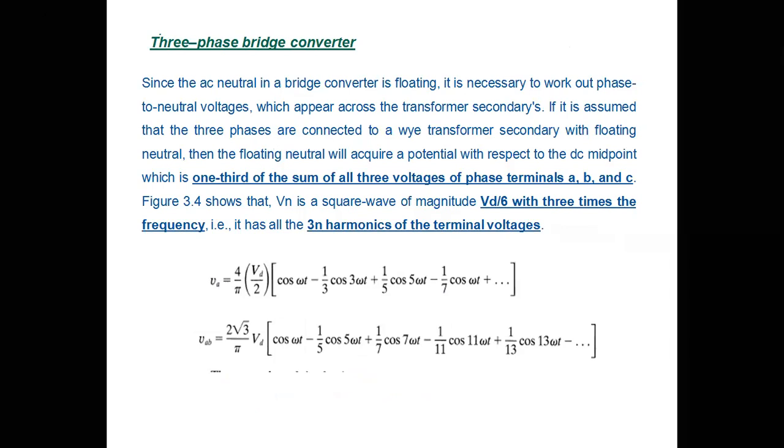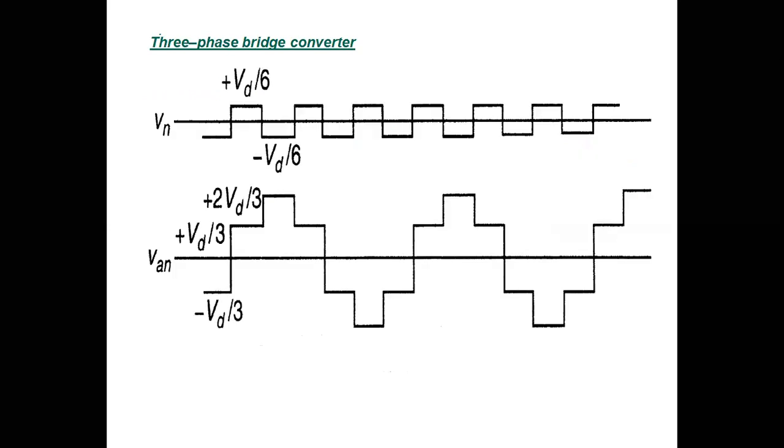You will get odd order harmonics, that is 3, 5, 7, 9, and so on. And in those harmonics, third order is dominating, triplen harmonics. So using that third order harmonics, we calculate the neutral point voltage, and then from that neutral point voltage, we calculate again the phase voltage with respect to that neutral.